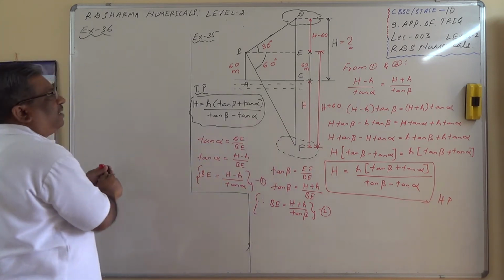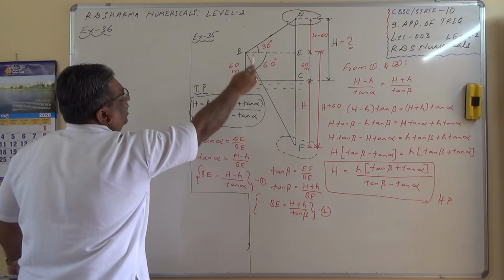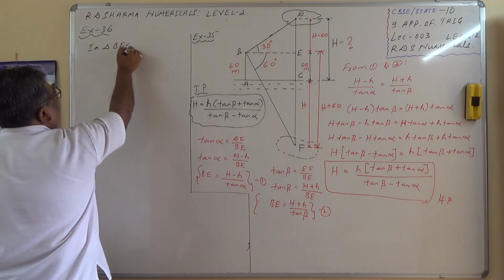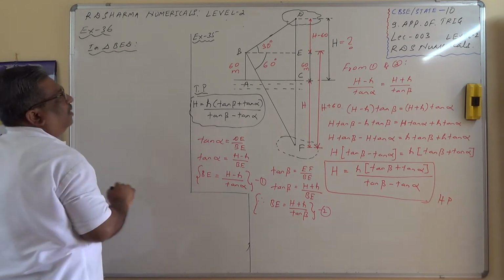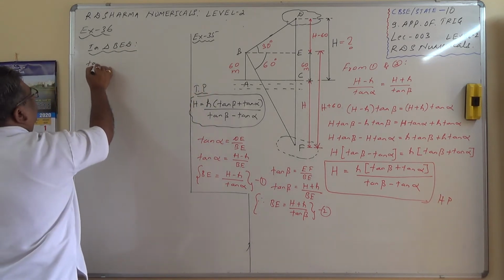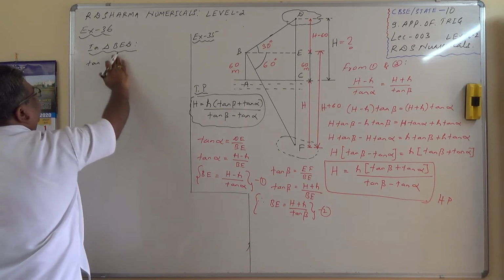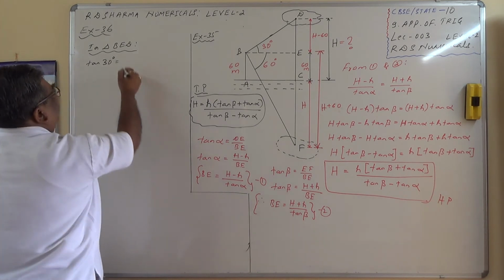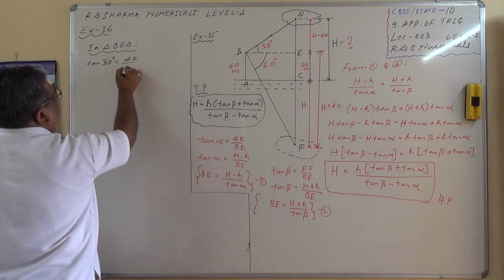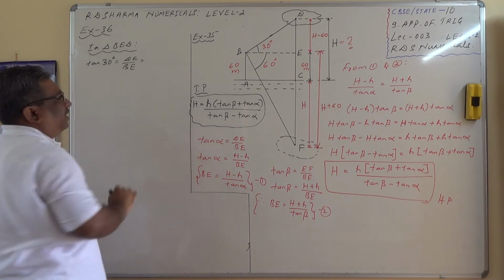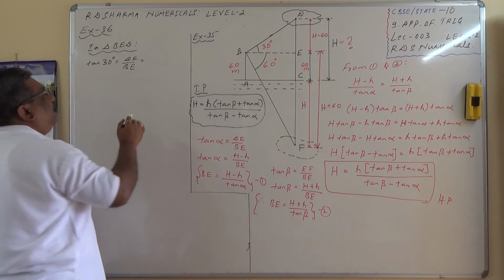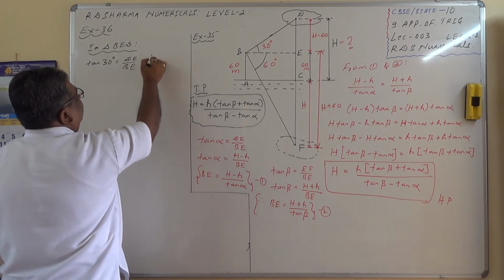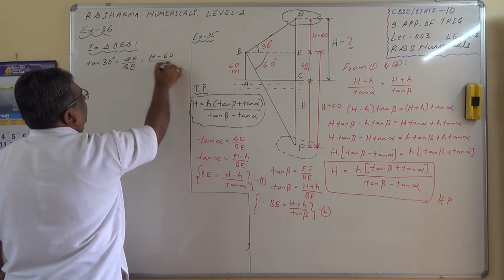Now, considering triangle BED, tan 30 is DE by BE, and DE is H minus 60 divided by BE.